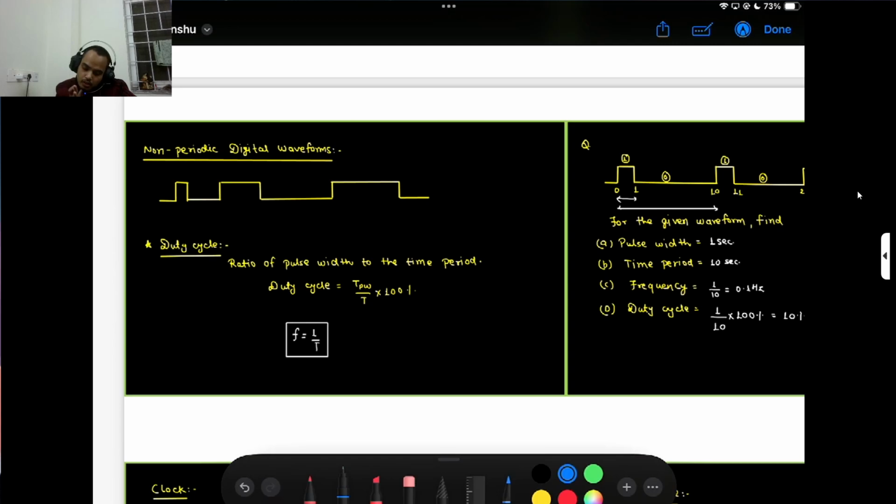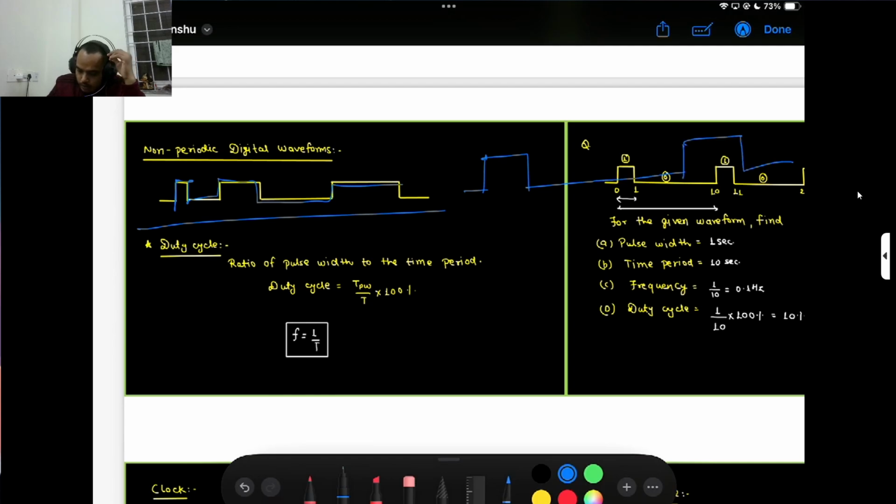And non-periodic digital waveform: there is no particular sequence followed in this region. If some random movement happens here, this is my non-periodic digital waveform. Now duty cycle ratio: suppose this is my clock signal, and one clock cycle from here to here is 100%.